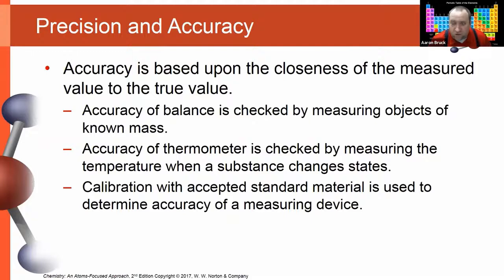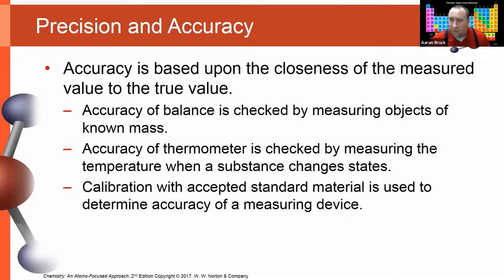And you can usually reprogram the balance or account in some way for a systematic error. So if your balance consistently says that it's 5 grams higher than it actually is, over time you can learn to recognize that particular difference and adjust for it by making sure that all of your measurements get subtracted by 5 before they're recorded. That's a systematic error.